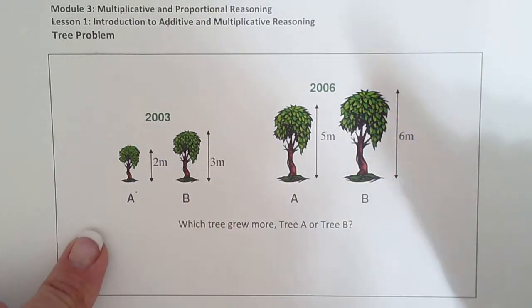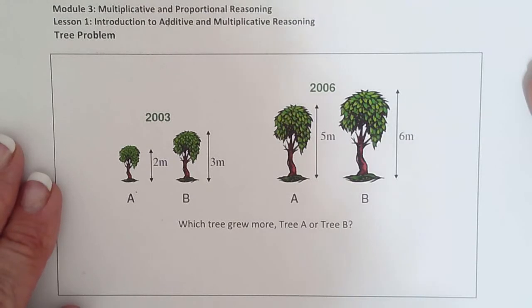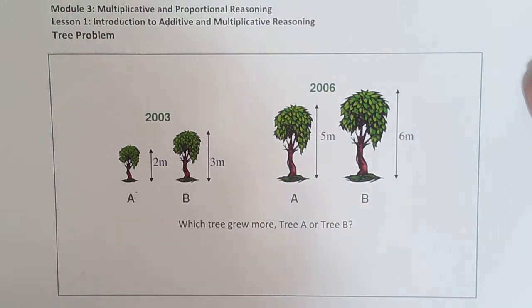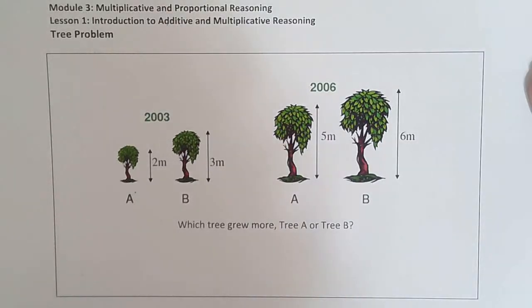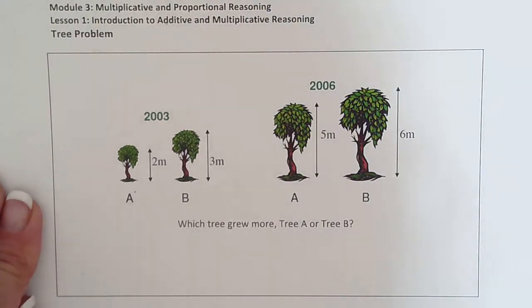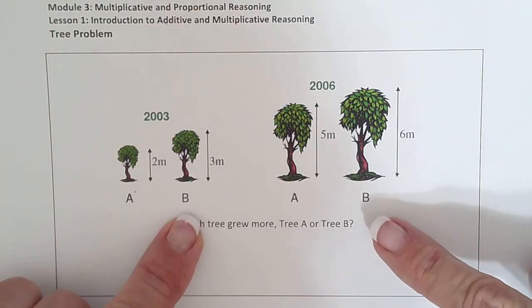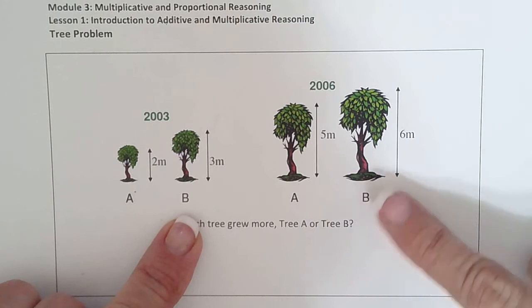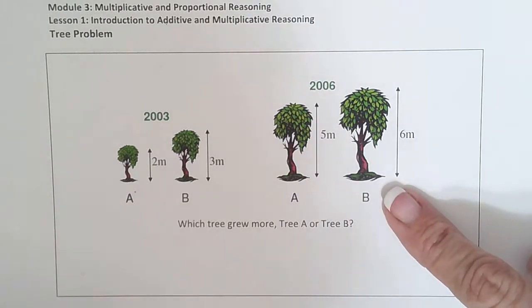But in this module I want to make you think other ways, not just addition and subtraction, but also how many times larger tree A is now than it was when it began, or how many times larger tree B is now.